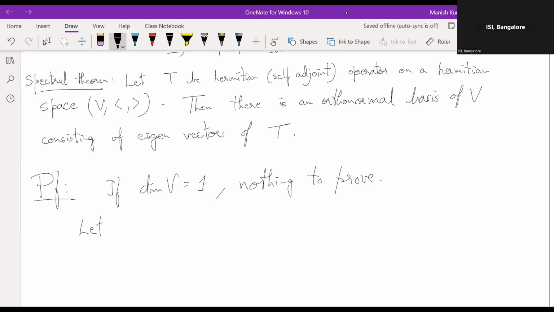So let v be an eigenvector of T. Maybe I don't care about what the eigenvalue is, but let's say v is an eigenvector of T with eigenvalue lambda.